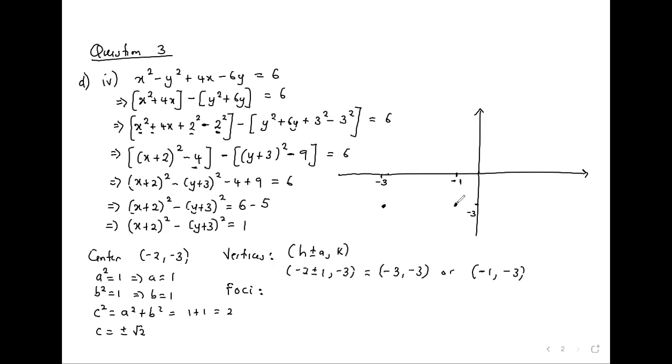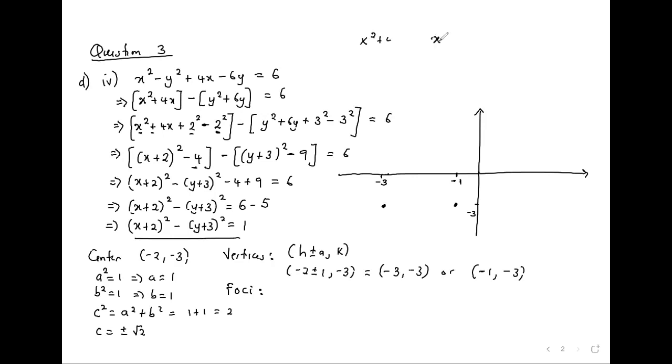Now, if you are so detailed in solving, for you to sketch this, you may obviously need to find the x-intercepts if they're there. So if y is 0, let's use the factorized one.